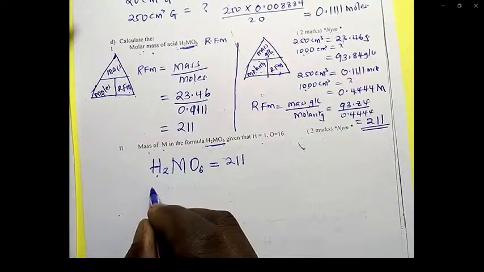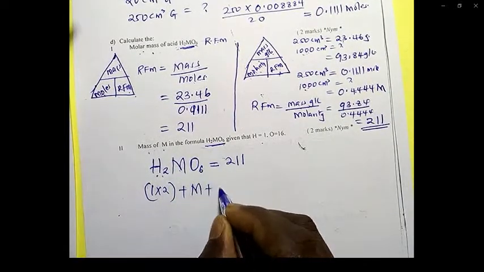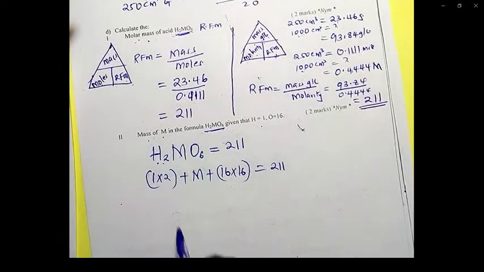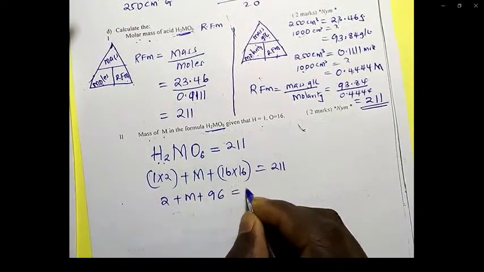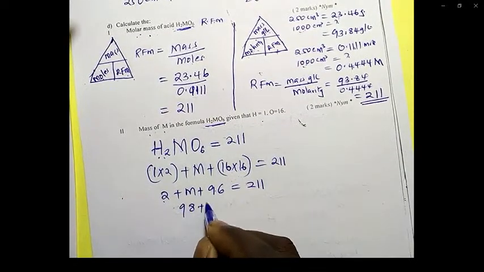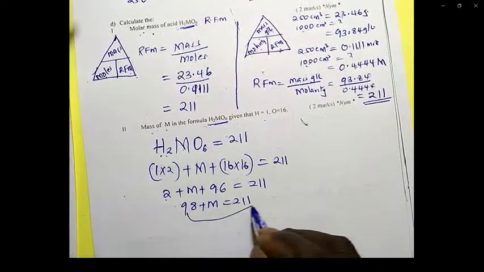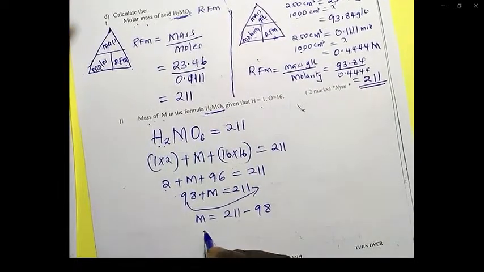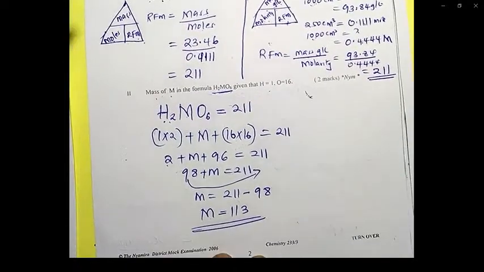Hydrogen is 1 times 2, that's for hydrogen, plus M plus 16 times 6, which will give you 211. This is 2 plus M plus 96, which will give you 211. So like terms together, this one will give you 98 plus M is equal to 211. So like terms together again, M is equal to 211 minus 98. So M is equal to 113.